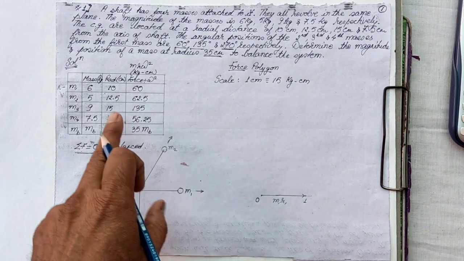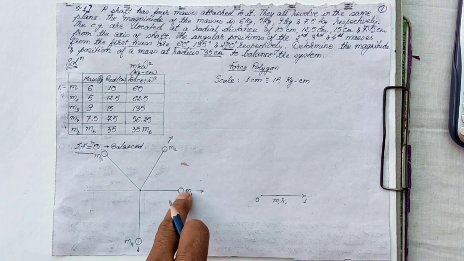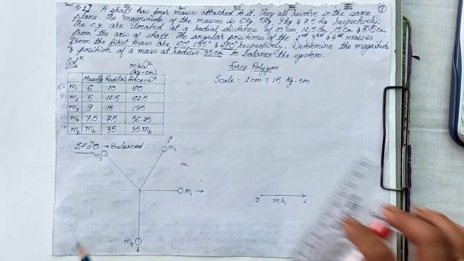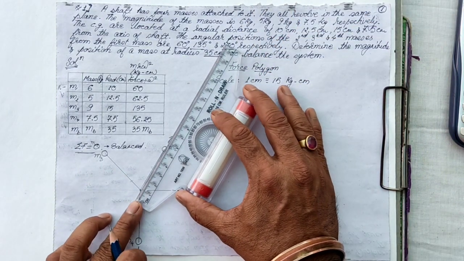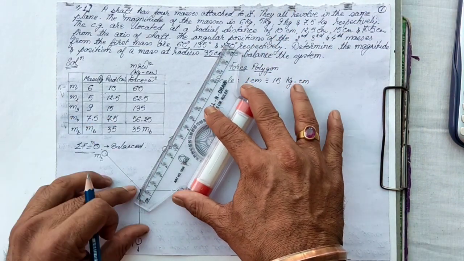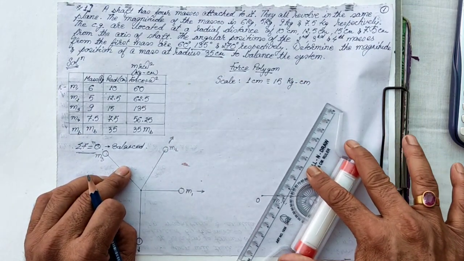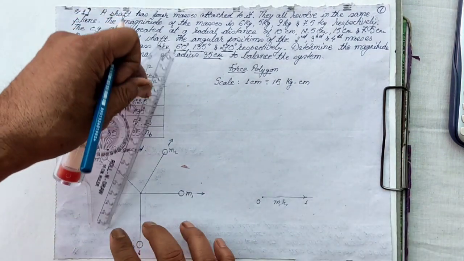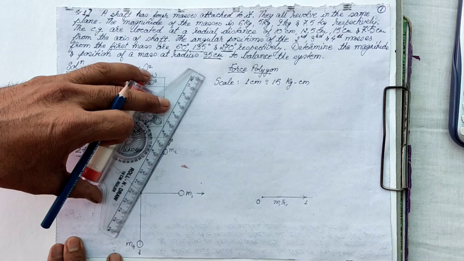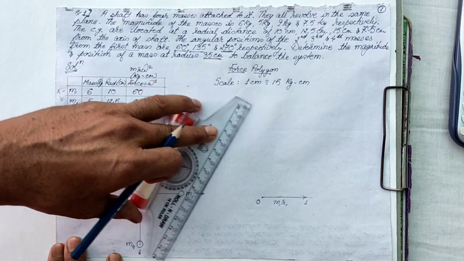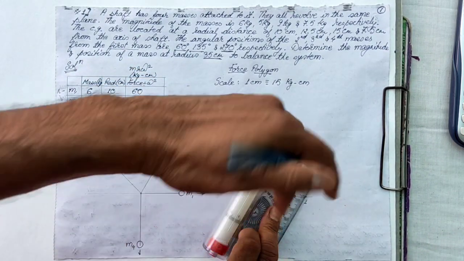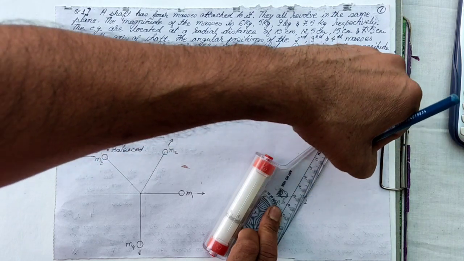Now the second, M2, with respect to M1, this vector is in this direction, so I match my roller scale with the phase of M2 and roll it to the pole 1, and I draw the vector.